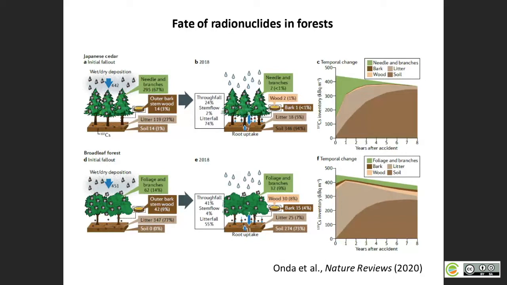But still, you have part of it being transferred by the roots to the trees, which causes a problem for the exploitation of forests and wood, for instance.